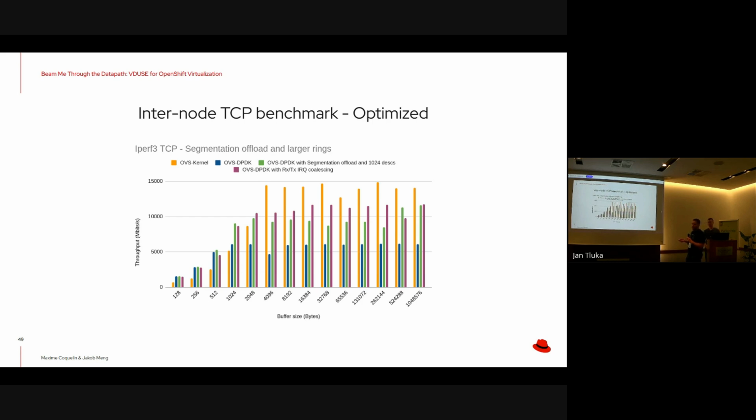I would like to highlight also that we have done some optimizations on the VDUSE datapath, or the DPDK datapath. Some of them could also be applied to the OVS kernel, like increasing the number of descriptors. It might have an impact also, but we have not tested it. The same for IRQ coalescing.